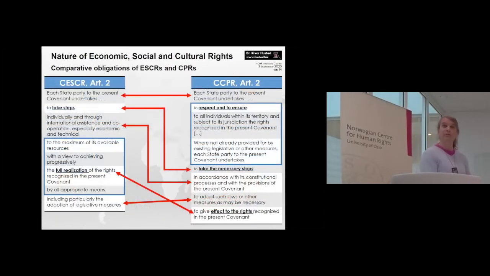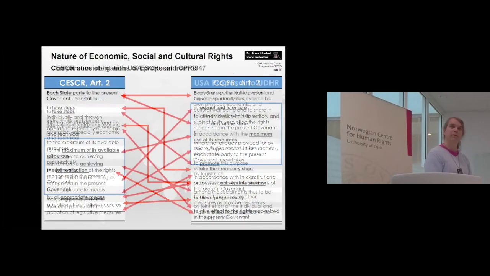I'm not going to spend much time on this except just to point out that the obligations between the two covenants are actually worded quite similarly. I'll come back in a moment to the two blue boxes where there is some distinction between them.